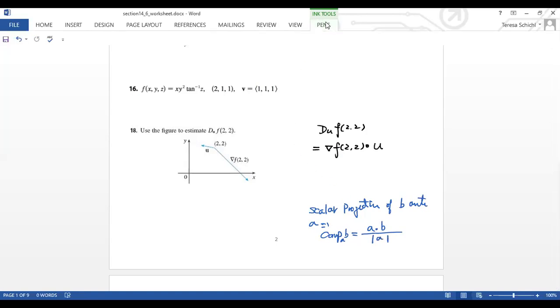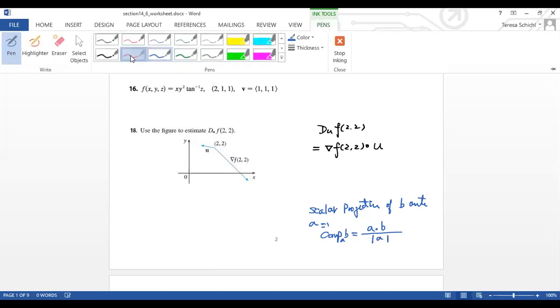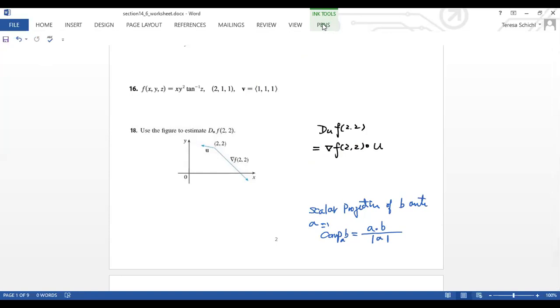So what does this mean here? Based on my scalar projection, this is the scalar projection of del f onto u, right?